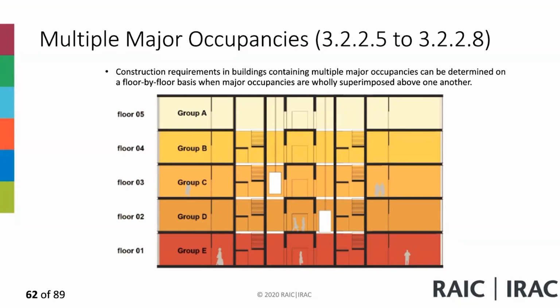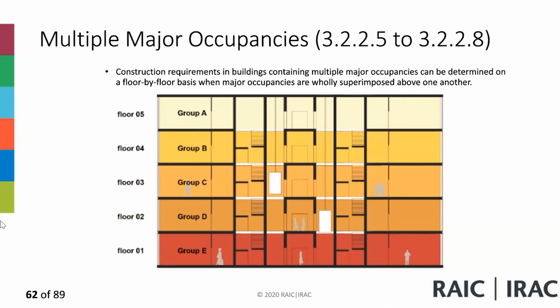So for superimposed major occupancies, you can decide to use the most conservative construction and apply it to all of them. That's one approach. You can decide, okay, I'm going to construct based on group E because that's my ground floor. But if you decide to use the group E classification, you have to keep in mind that you have to use the whole height of the building. So you look at the group E classification based on how many stories in building height: 1, 2, 3, 4, 5.